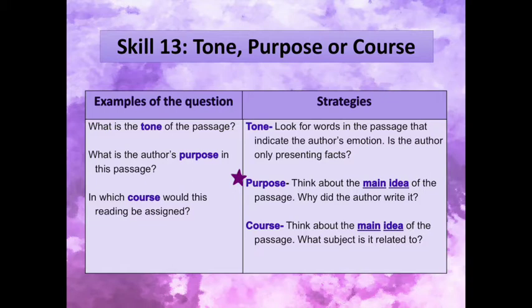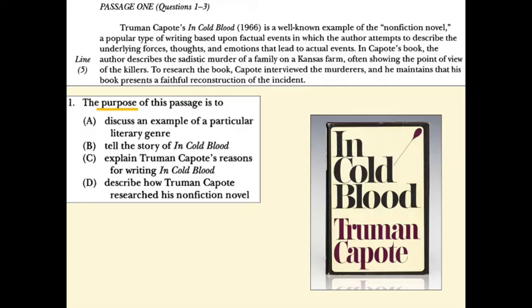Remember, for main idea, usually you focus on the first sentence of the passage. For course questions, you also want to think about the main idea of the passage, and then what subject is related to it.